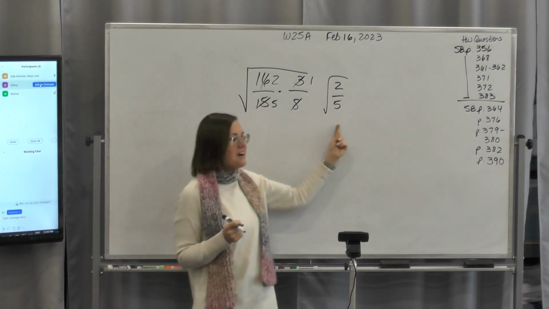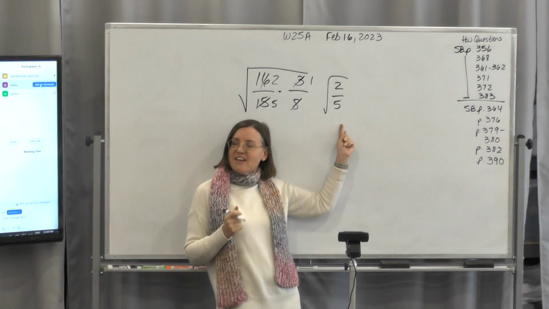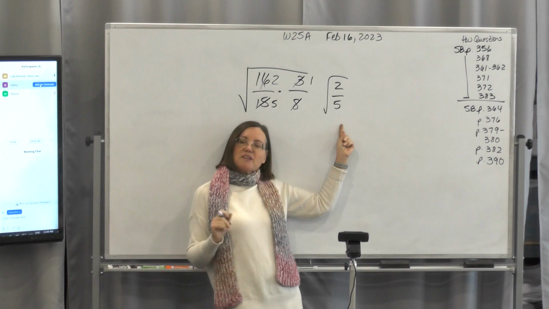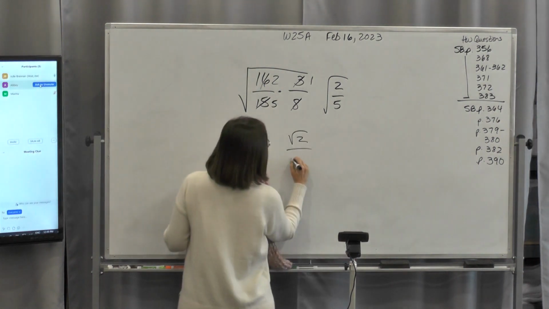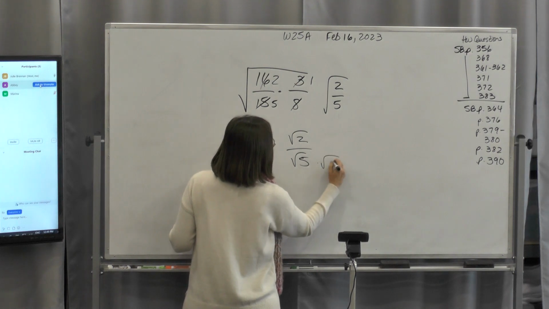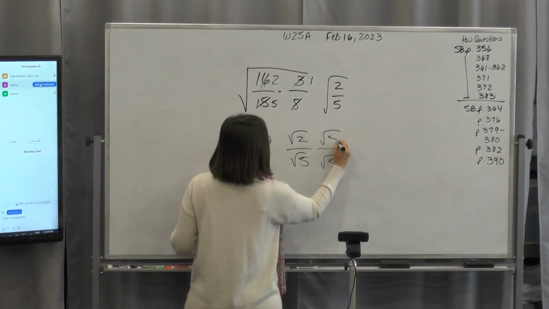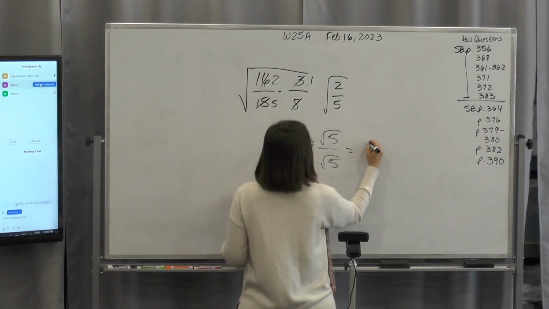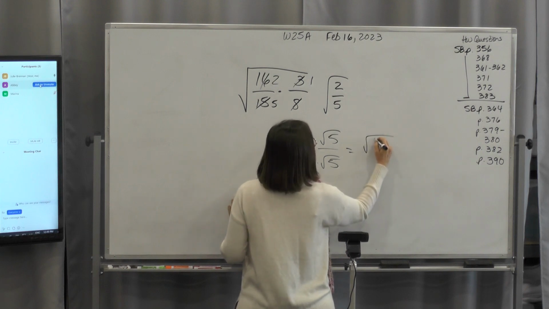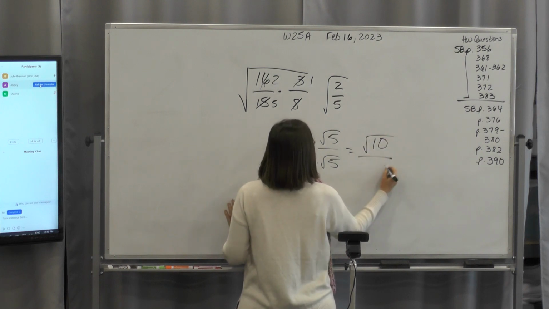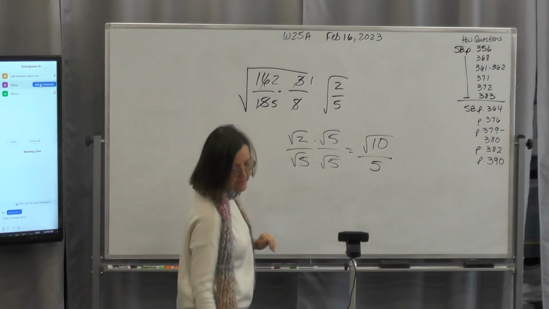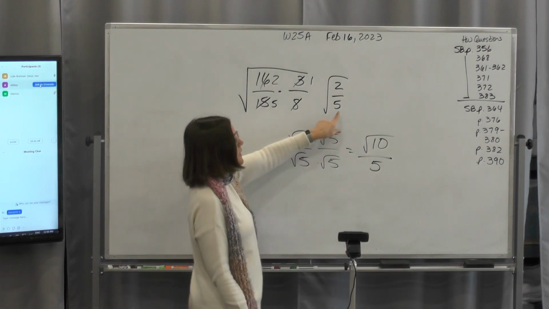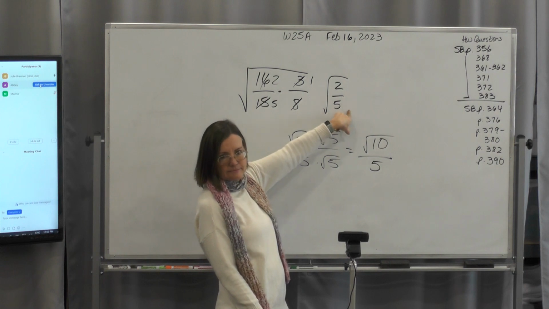I'm going to get a root 5 in the bottom, right? So you could do one of two things. I could write this as the square root of 2 over the square root of 5 times the square root of 5 over the square root of 5, which is equal to the square root of 10 over 5. Did I do that right? Yes. Okay, all right.